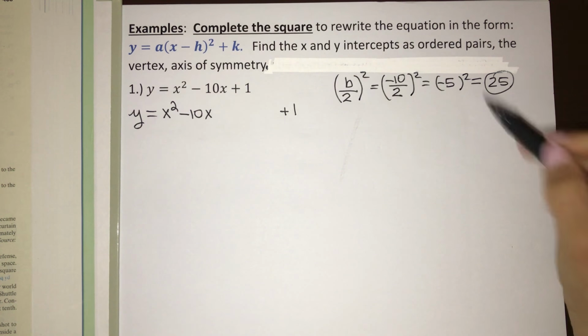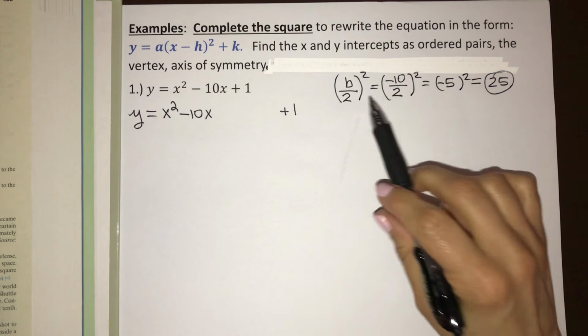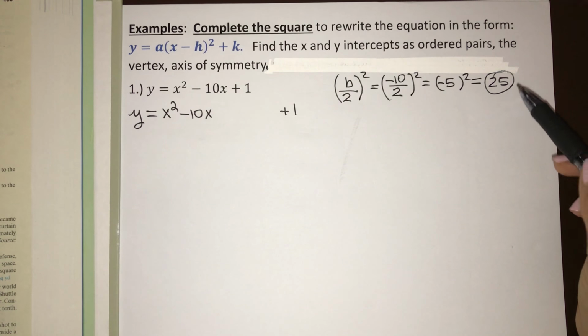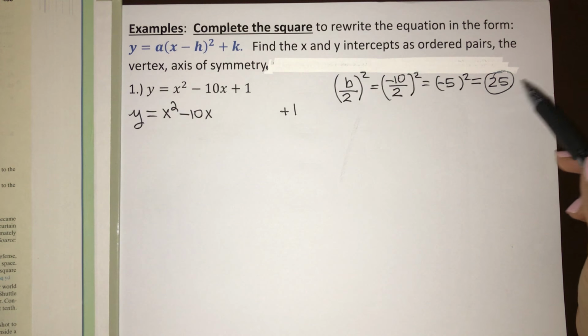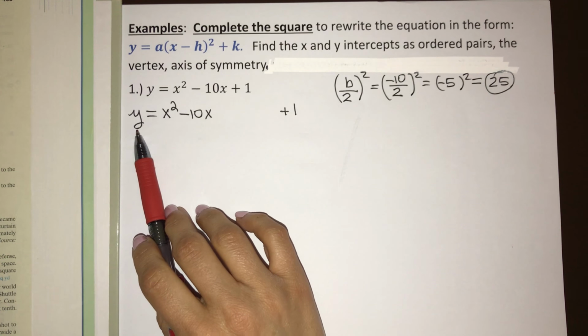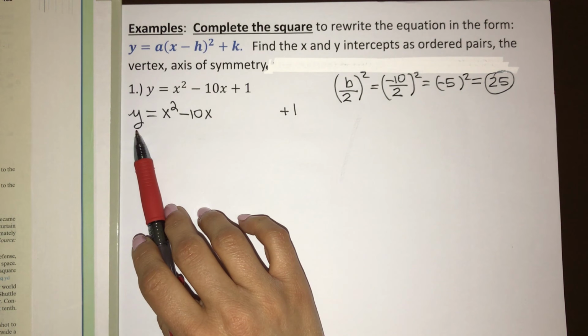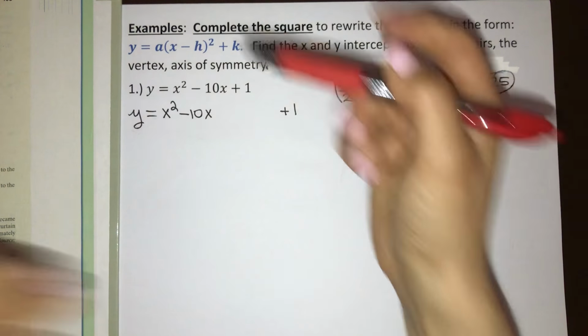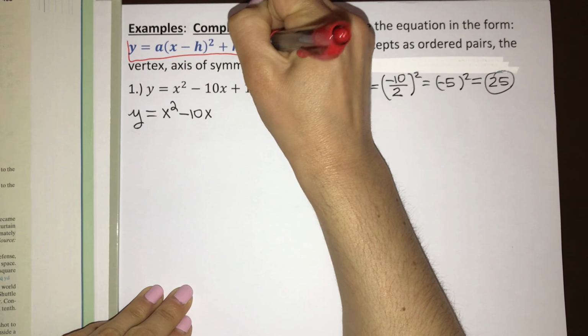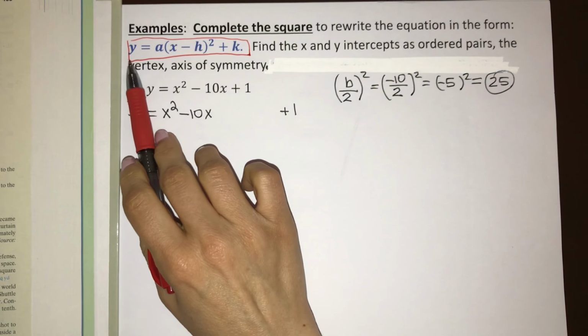Okay, so far it's the same as what we did before. Use the same formula, you get 25. Before, what we did is we added 25 to both sides of the equation. But I do not want to add 25 to both sides of the equation because then I would get y plus 25 here. And I'm trying to get this equation to look like this. So I don't want to add anything to my y value.